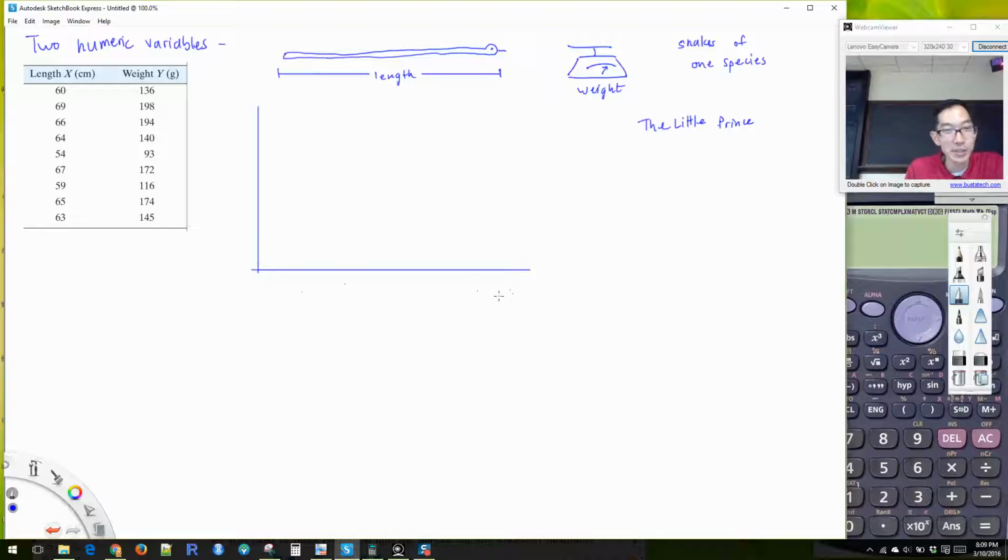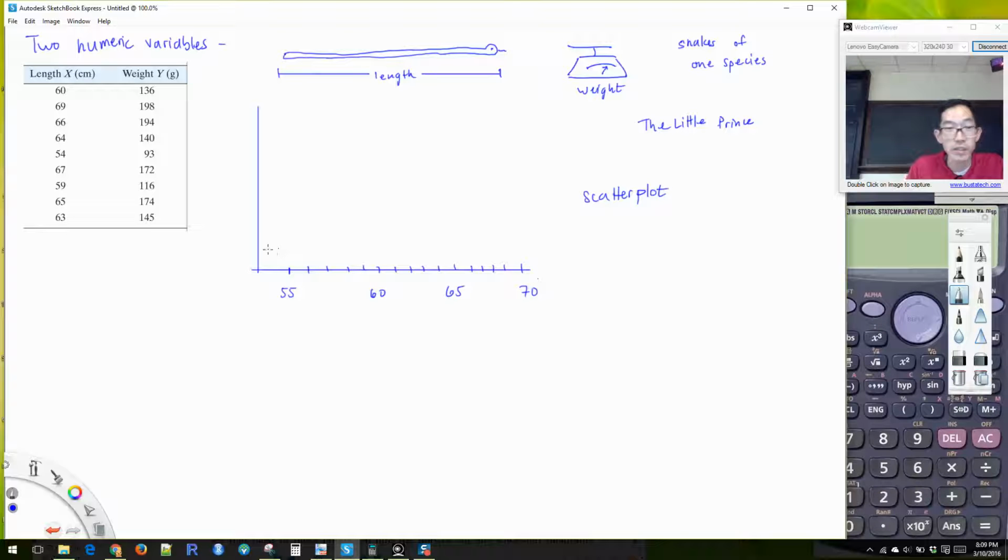All right, so we're going to create a scatter plot here. The lengths go 60, 1, 2, 3, 4, 5, 6, 7, 8, 9, 70.